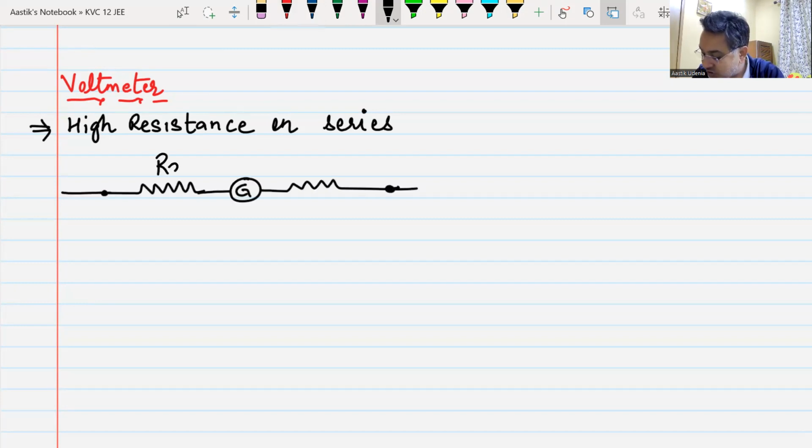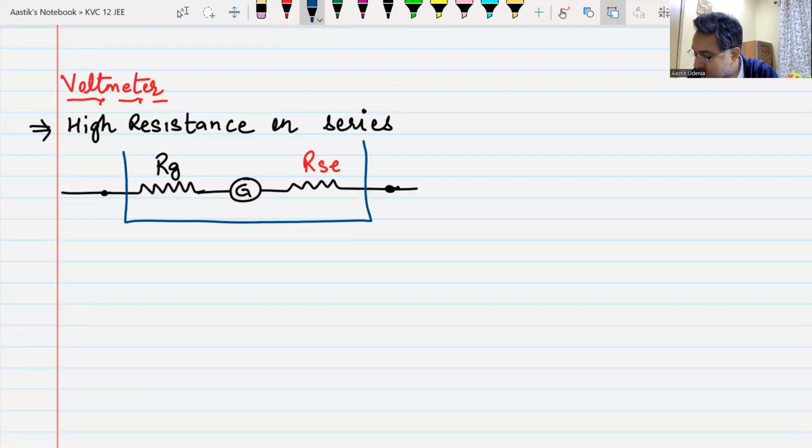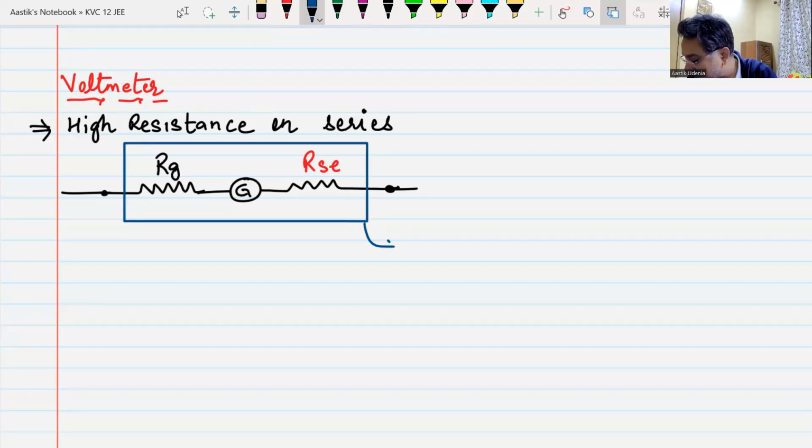This is Rg and this is R series. And now you can call this entire device a voltmeter, and it can be used to measure any voltage.